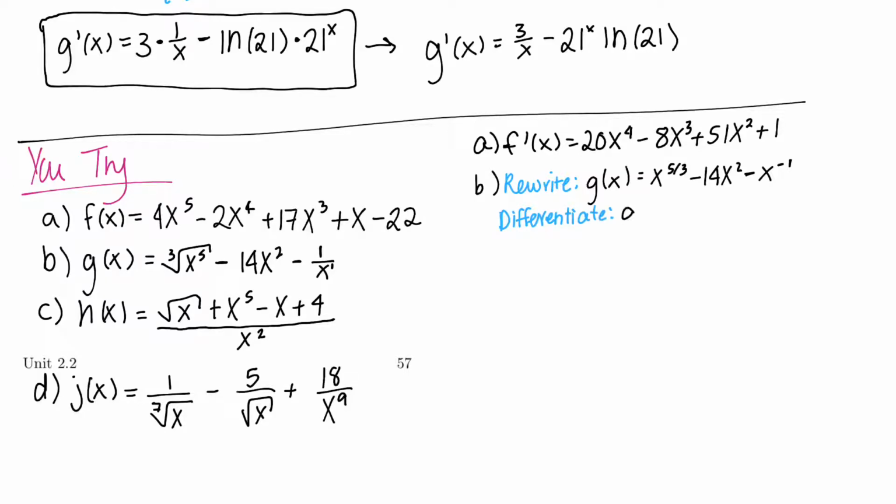So we'll do g prime of x. This will be 5/3 x to the, so 5 minus 3 is 2, so this is 2/3. 14 times 2 is 28x. And then if you bring that negative 1 down in front, we're going to get a plus, and I don't need to put the 1 there because we don't ever put 1s in front, and then negative 1 minus 1 is negative 2.